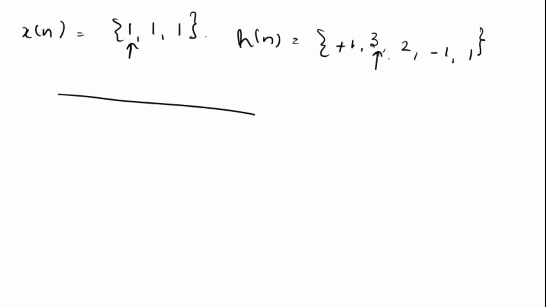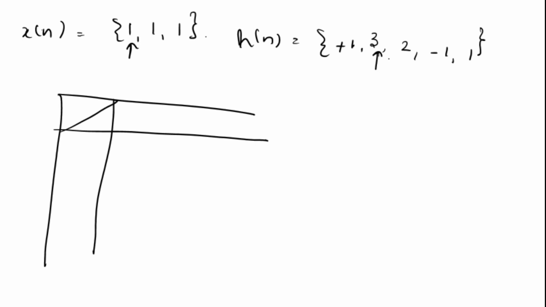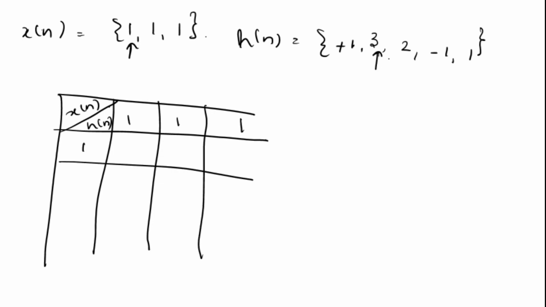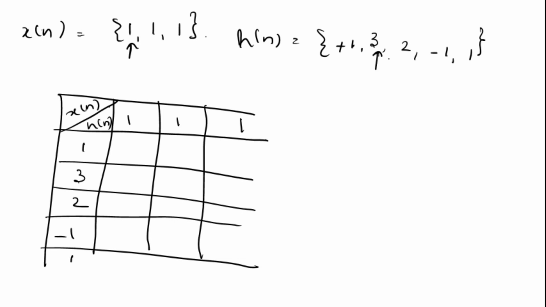So first we have to write x of n and h of n. X of n is 1, 1 and 1. H of n is 1, 3, 2, -1 and 1.